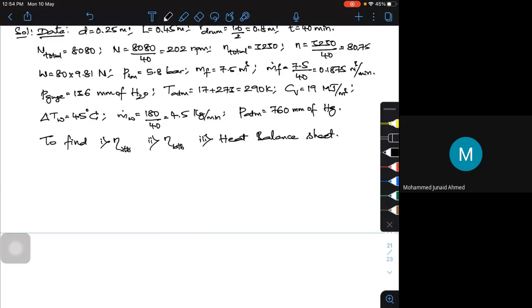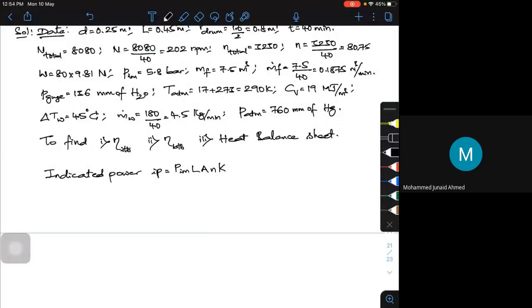So indicated power IP is given by the mean effective pressure into L into A into N into number of cylinders divided by 60 into 10 to the power of 3 if you want the value in kilowatts.